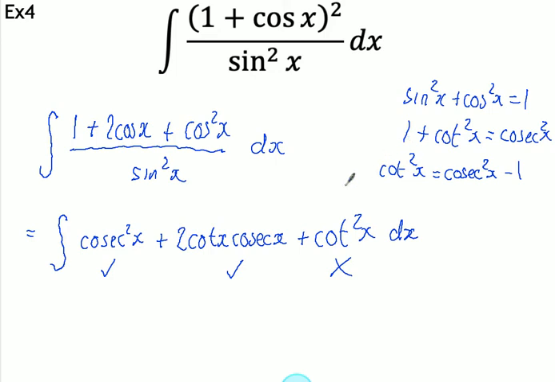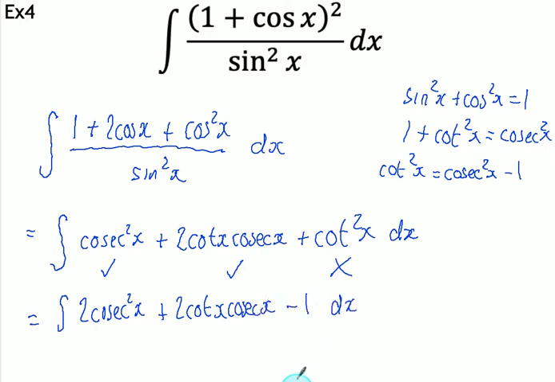That's quite nice. So now I can integrate 2 cosec squared x plus 2 cot x cosec x, subtract 1 with respect to x.